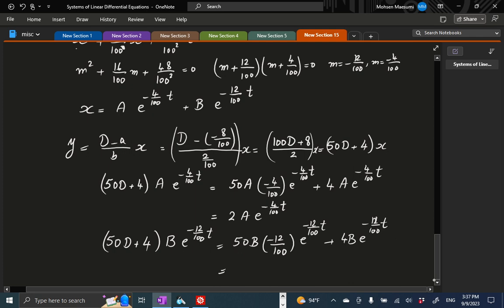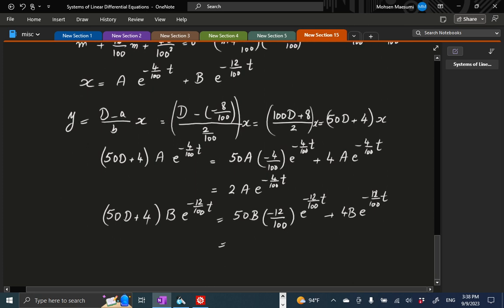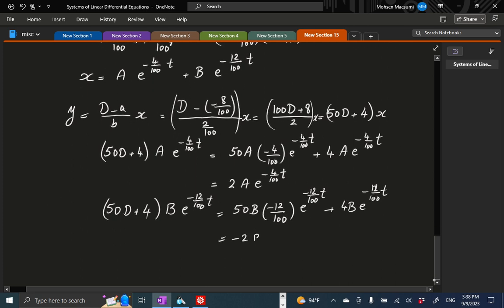Well, 50 times minus 12, that's minus 600, divided by that is minus 6, plus 4, takes a total of minus 2B exponential of minus 4 over 100t.